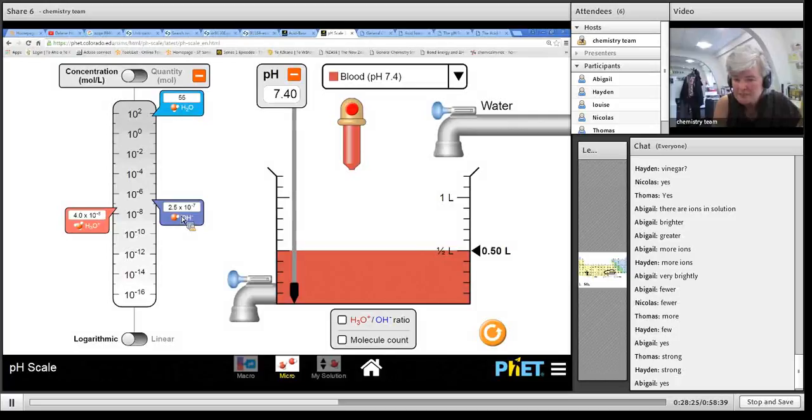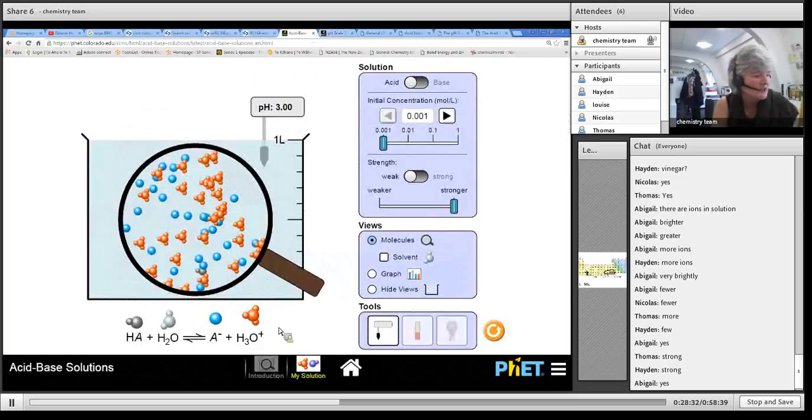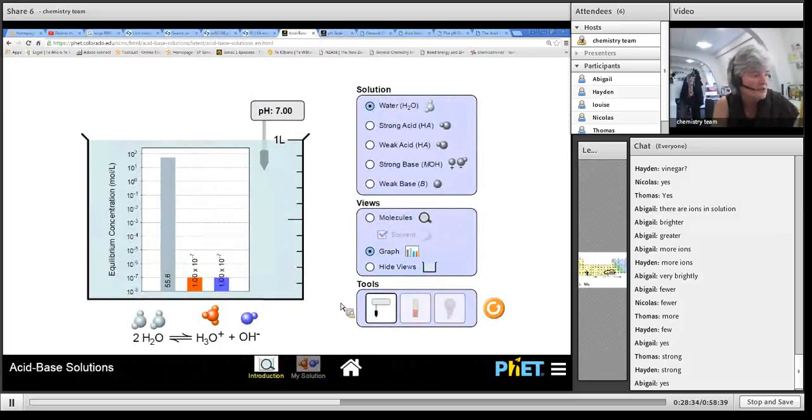And what's special about that particular value, 10 to the minus 14? So if I go back here, 10 to the minus 14 is the equilibrium constant for this equation.